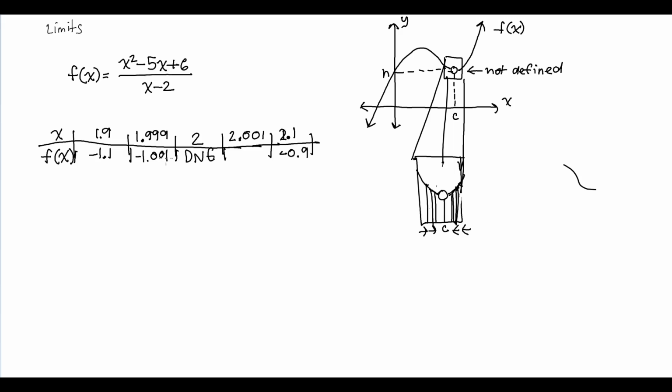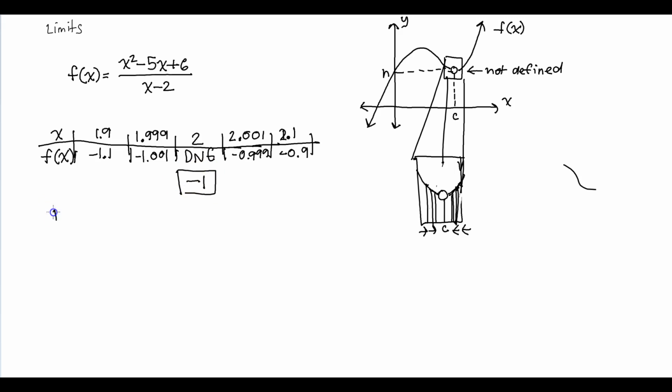And if we do the same for 2.001, we get negative 0.999. So even though it does not exist at 2, as we get closer and closer to 2, we get negative 1.1, negative 1.001 from the left, and as we approach from the right, negative 0.9, negative 0.999. So it approaches negative 1.